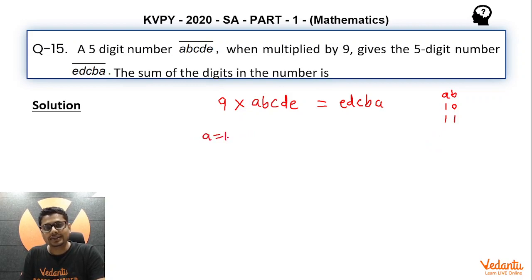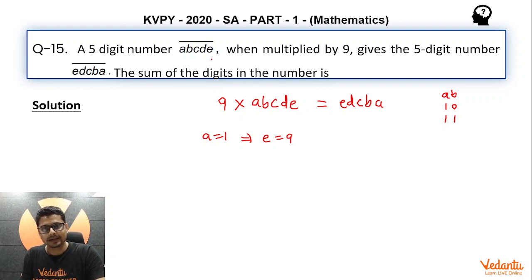Now if A is 1, that means E has to be 9. You may see it by the 10,000 place digit, 9 multiplied by 1 giving you 9. And it can be at max 9 only, because it is supposed to be a 5-digit number. So 9 multiplied by 1 gives you 9, and 9 is the highest possible value that E can have, because E can be only a digit from 0 to 9.